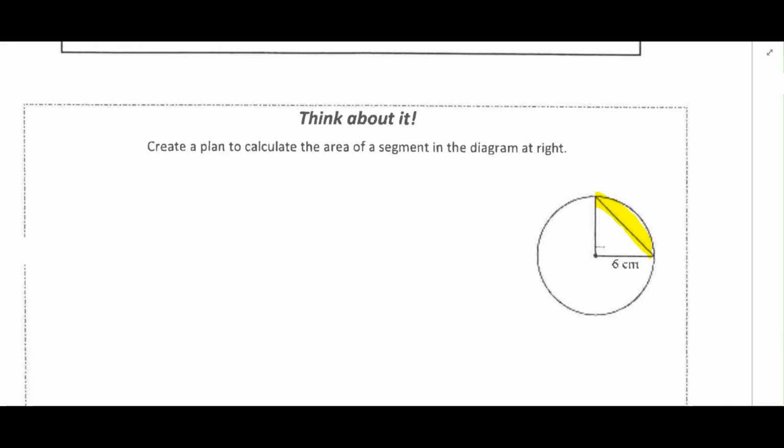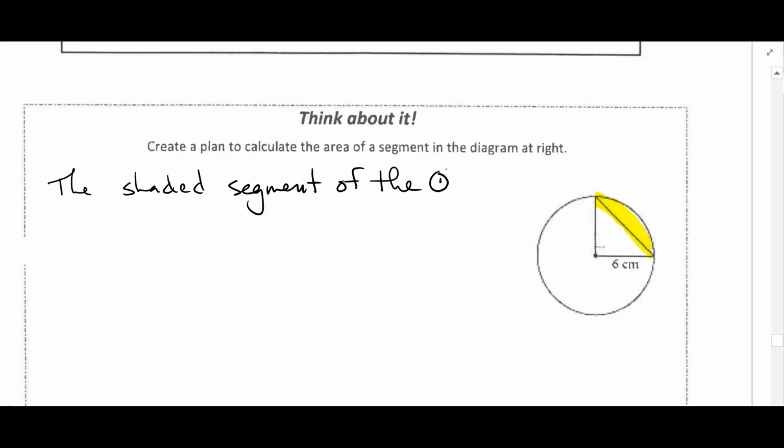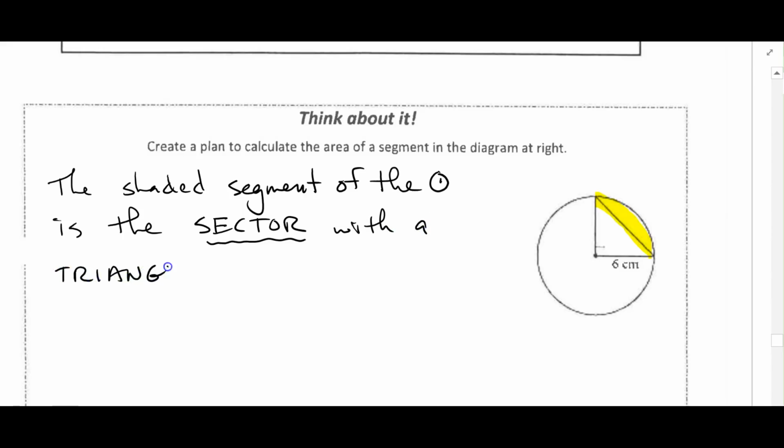So the shaded segment of the circle is the sector of the circle with a triangle removed.